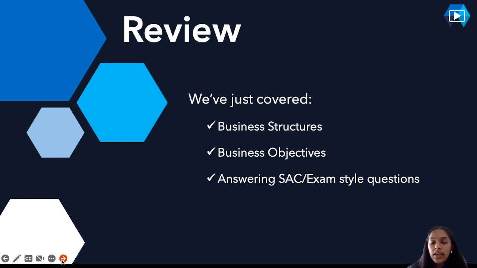We had a look at the different business objectives. So you had to increase market share, to make a profit, to improve efficiency, to increase effectiveness, to fulfill a market need, to fulfill a social need, and to meet shareholder expectations.